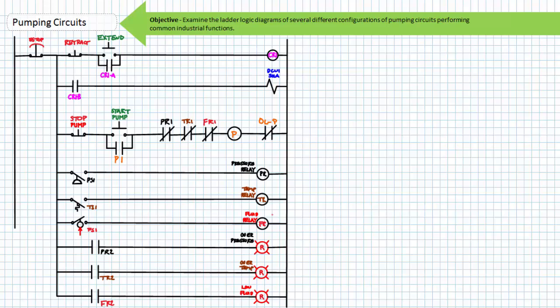In conclusion, this lecture examines several different types of pumping circuits performing common industrial functions.